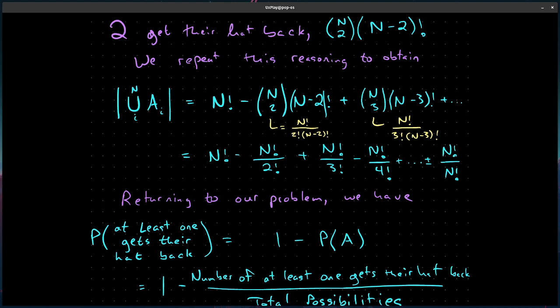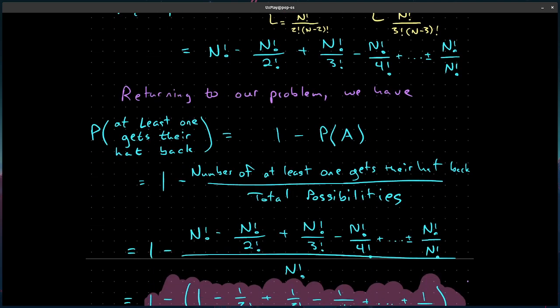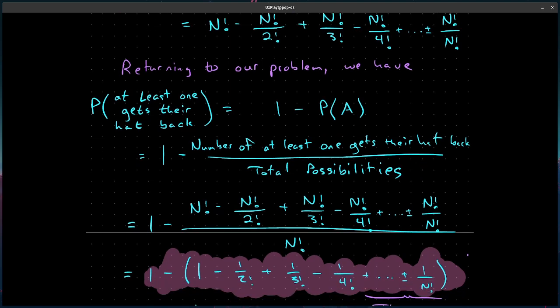This formula is maybe not the simplest to look at, but we're now going to run back into our original question of how many ways satisfy our criterion over the total number of possibilities.